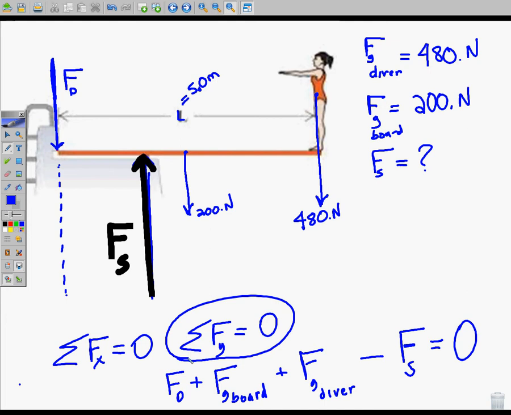So basically all the down forces have to be equal to all the up forces. Or if you want to be sophisticated like me, you could say all the down forces minus all the up forces have to add up to 0. So what do we have here? We have FD down, which we don't know what it is, plus 200 newtons down, plus 480 newtons down, minus Fs up equals 0.